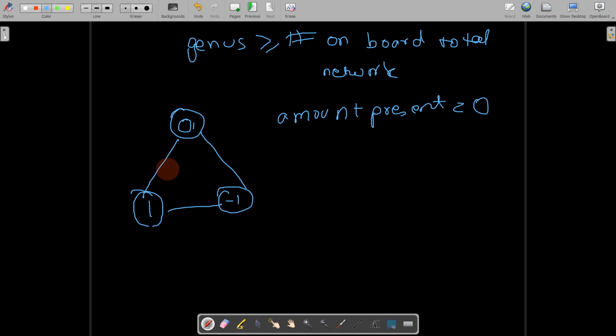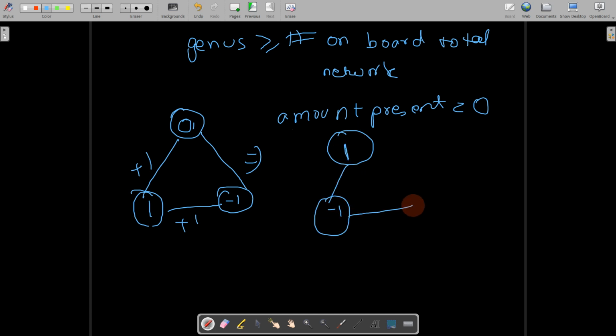But look, no matter how many moves you play on this board, you cannot make all the nodes positive or zero. We will show one move. This +1 gives +1 and +1 to the other nodes, and what happens? This becomes +1, this becomes -1, and this becomes 0.